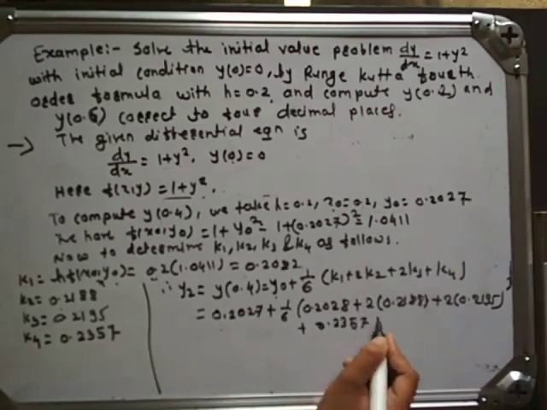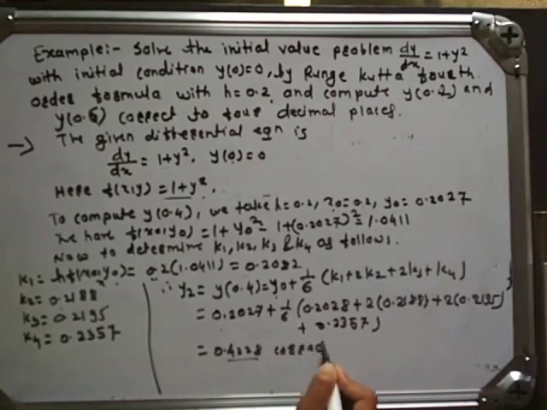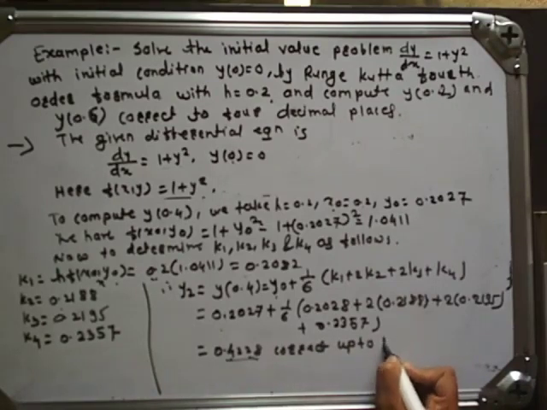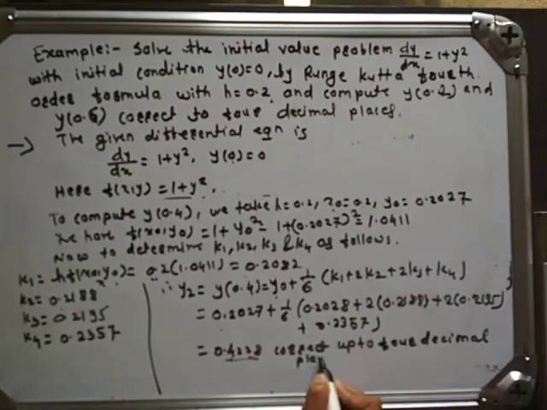This is equal to 0.4228. Okay, this is correct up to 4 decimal places. After the decimal, there are 4 digits. So it is correct up to 4 decimal places. This is the value of y2.